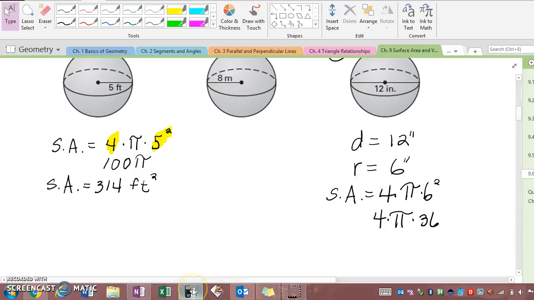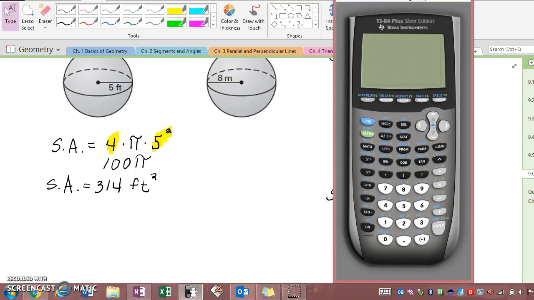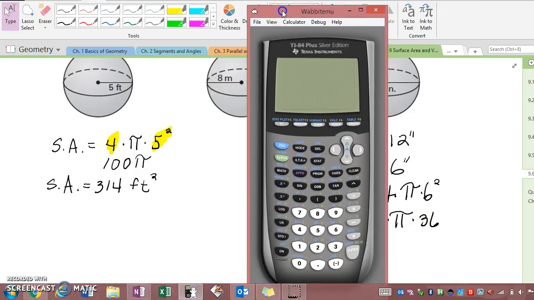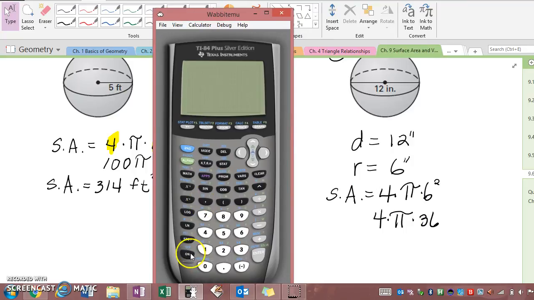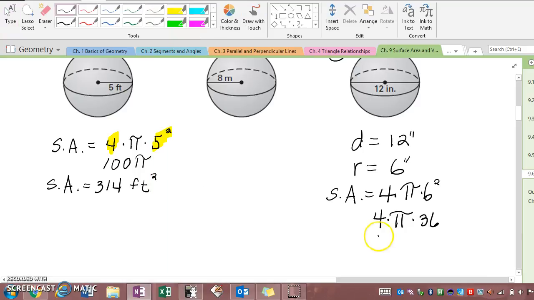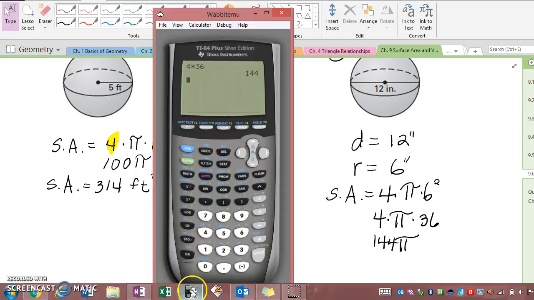And then let's take out the calculator. We're going to say, what is 4 times 36? If you wanted to have your answer in terms of pi, that's 144 pi. You don't have to write that down, but I just like to do that.